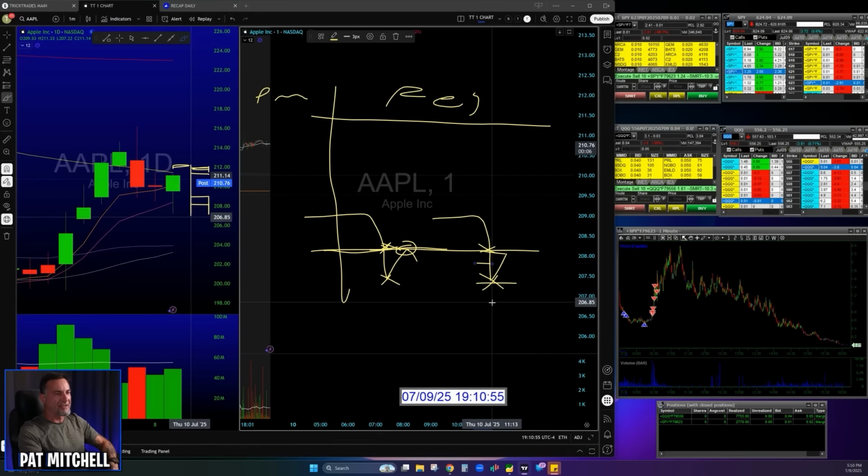And I'm going to cover averages here in about two seconds. And then you simply would get out of the long into your target of that former support, now testing as resistance. Above, we are support. Below level, we are resistance.